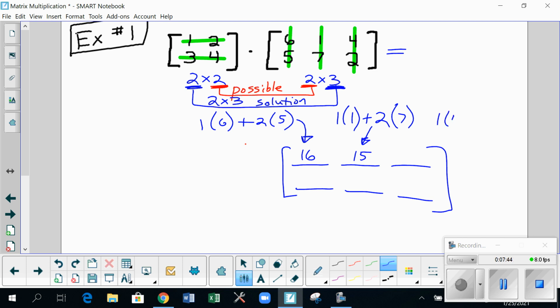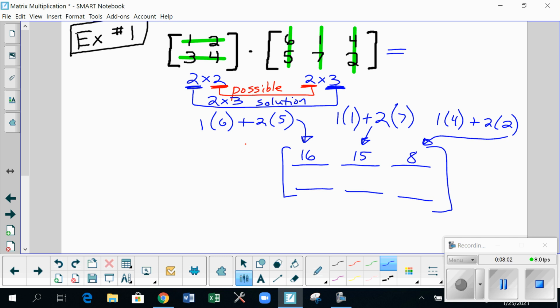Whoops, that should be a 2 there. Sorry about that. Let me fix that real quick. Don't want any confusion. Okay, and this ends up being 4 plus 4, which is 8.